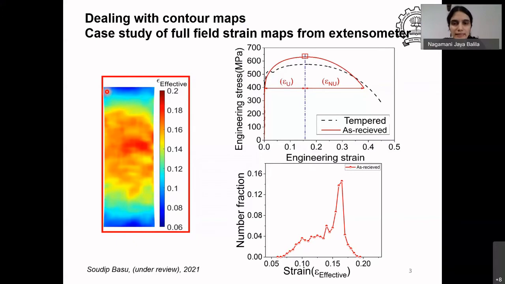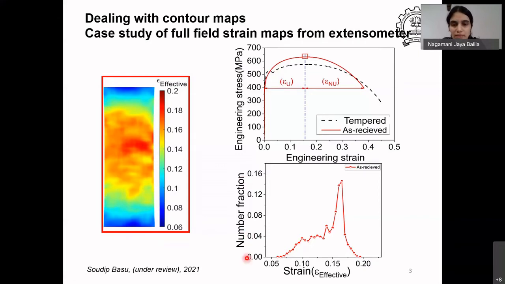But more importantly, let's say I want to just look at the distribution of strains and take a good look at whether the distribution is uniform. Is it spread normally across the mean, or does it have some other distribution? Why does it have some other distribution? These may be some of my questions.